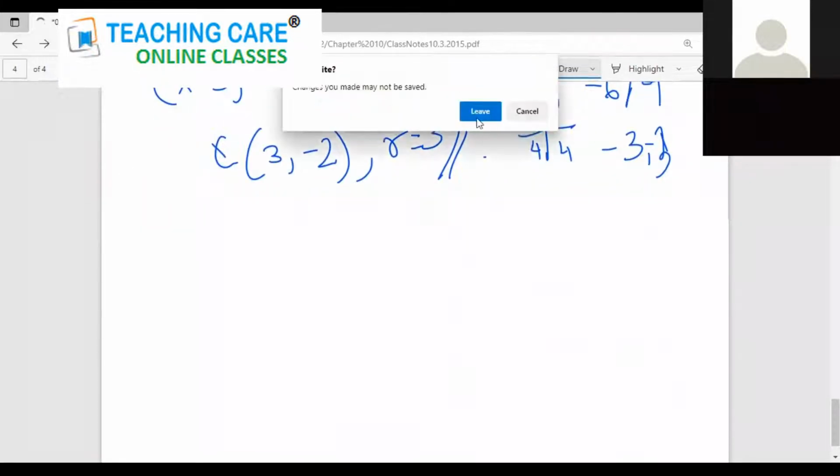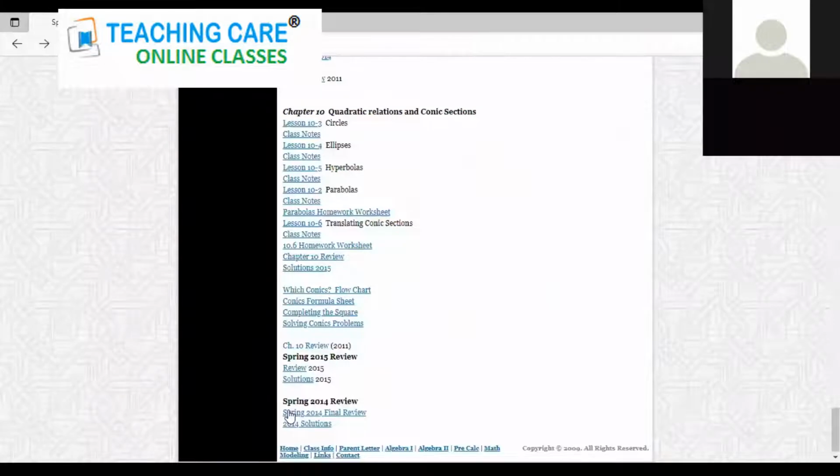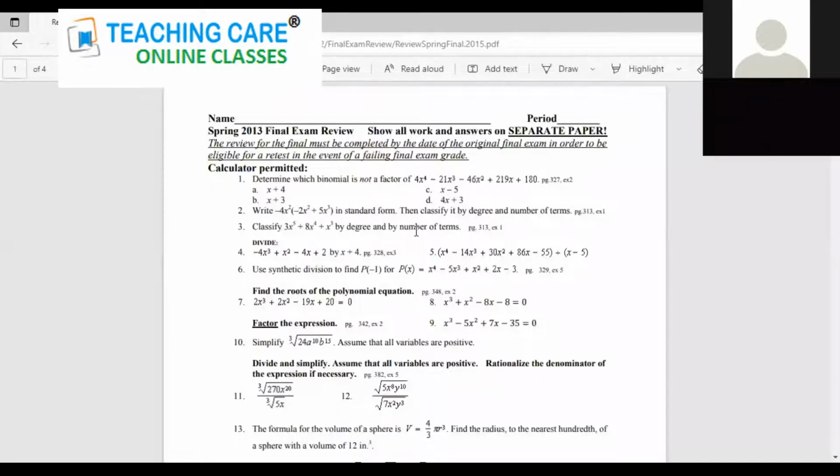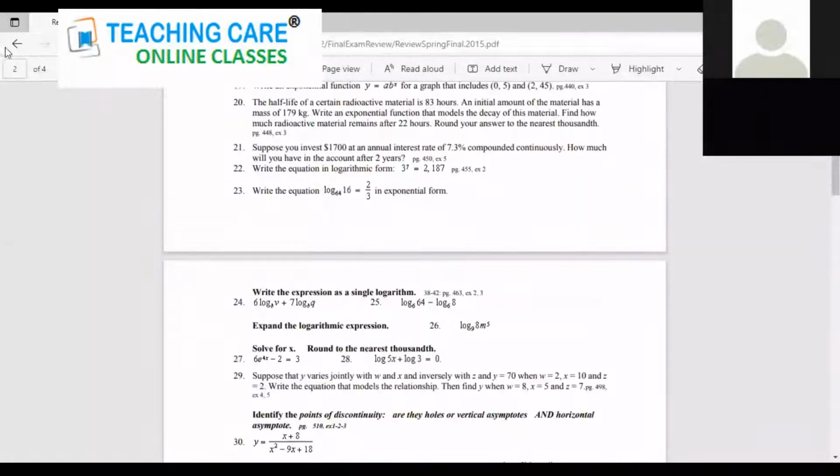Okay, one minute. Let's try if any other exercise problem on this is there. This worksheet, just a minute.